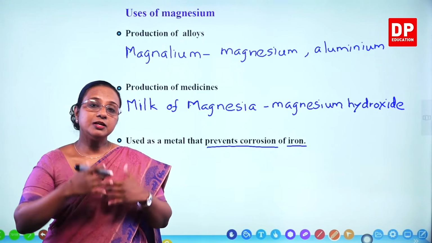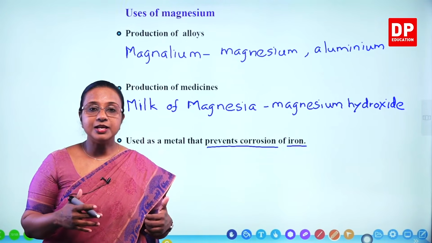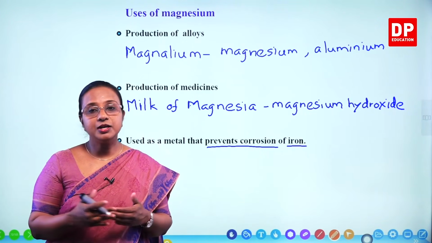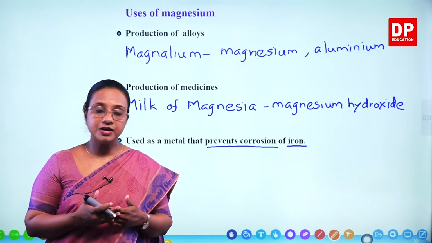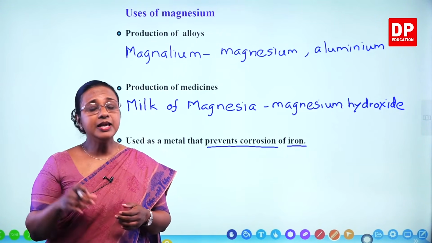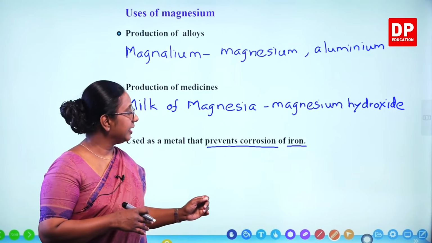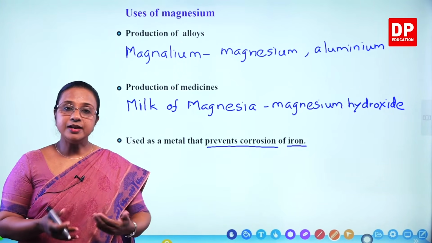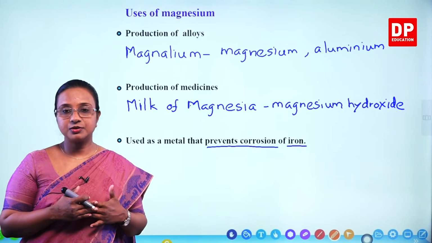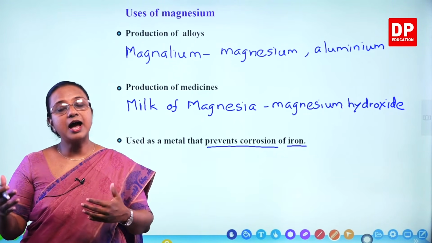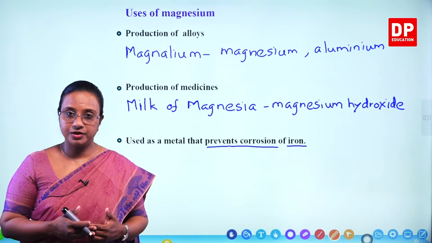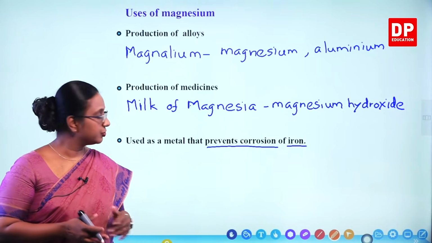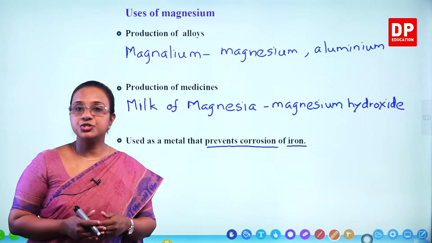So to prevent corrosion there, what they do is, in between the structure, for example, a huge bridge made out of steel, in between they insert a strip of magnesium so that magnesium undergoes corrosion but prevents iron from getting corroded. So that is why magnesium metal can be used to prevent corrosion of iron.